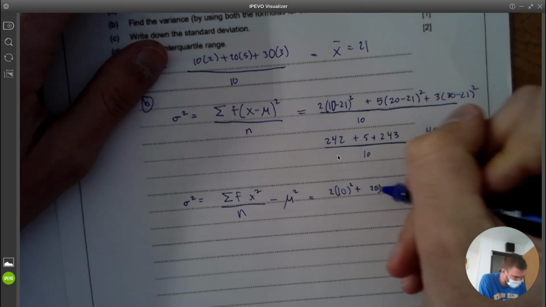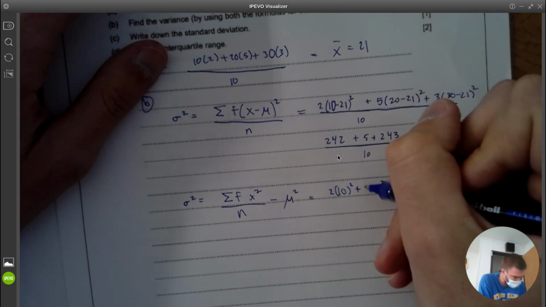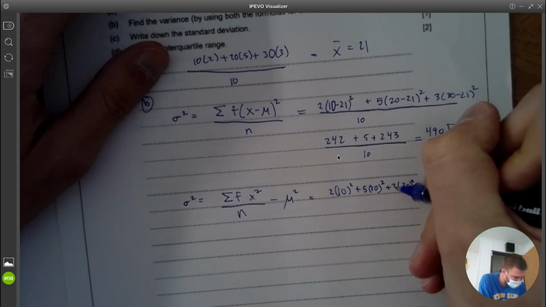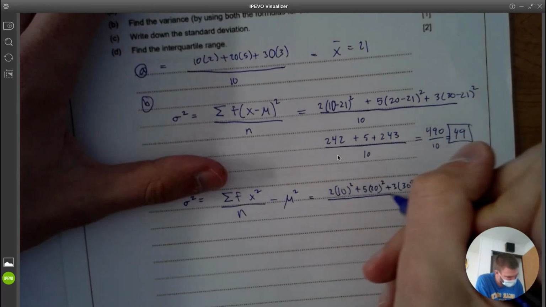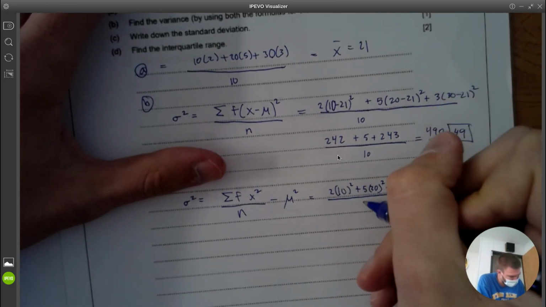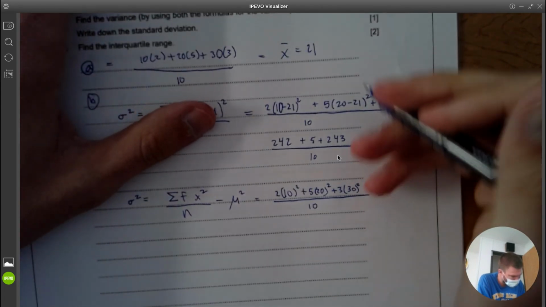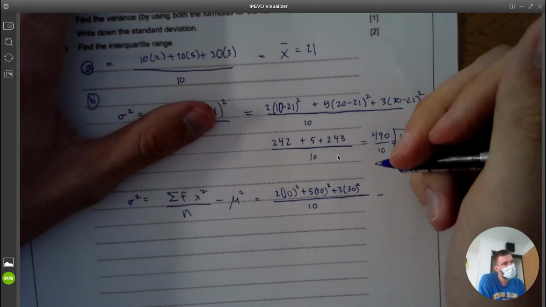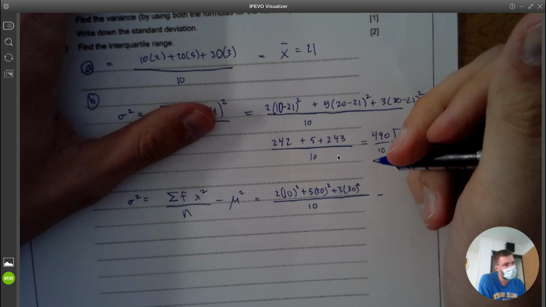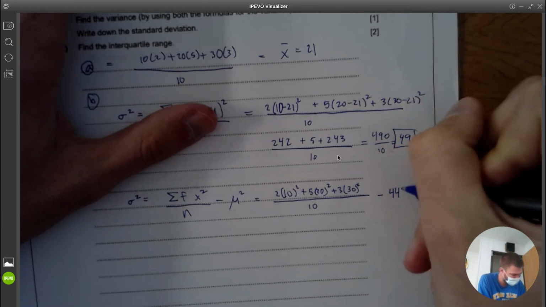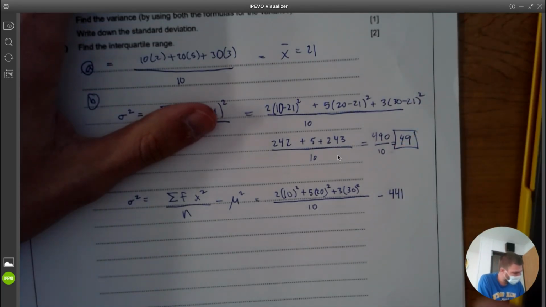It's going to be 20 squared times the frequency of 5, 30 squared times the frequency of 3. I'm going to divide that by n, which is 10. I'm going to subtract the average squared, which is 21. 21 squared is 441.